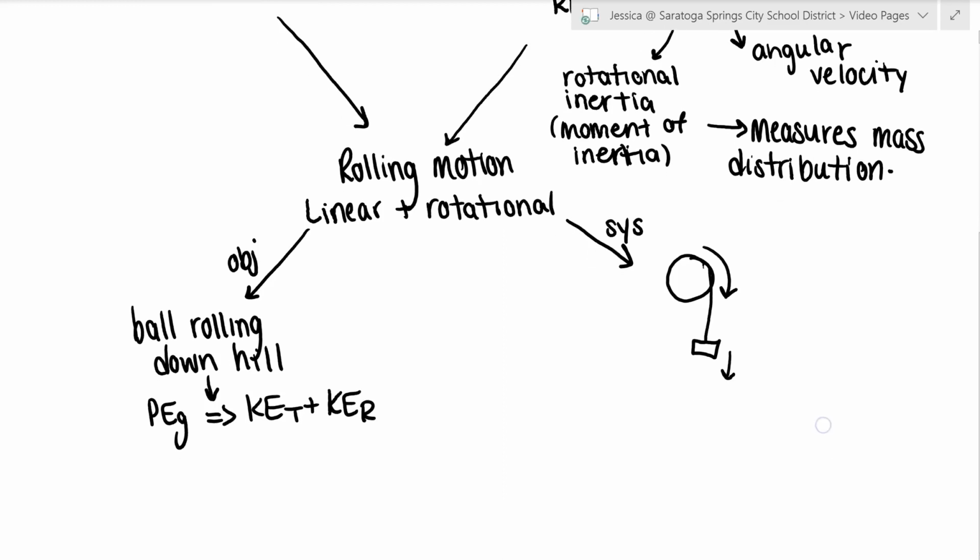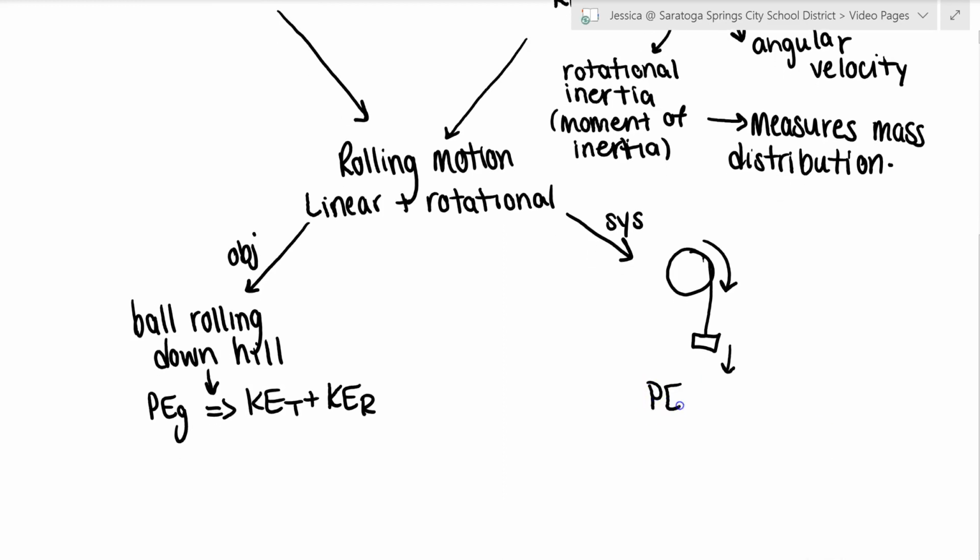So in that sense, we would have the gravitational potential energy of the hanging mass converting to rotational kinetic energy of the pulley and linear kinetic energy or translational kinetic energy of the mass.